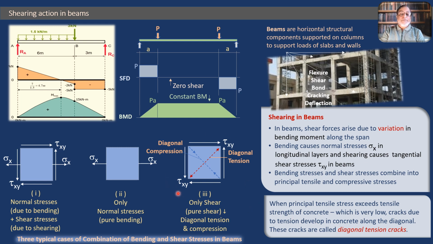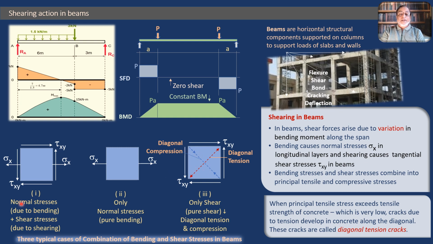Here we find that due to shearing stresses, we get the diagonal tension and diagonal compression. Here we are considering the element which is in pure shear, that means the bending moment is not acting, right? So bending moment is zero and you are getting only pure shear. In that case, if concrete is sufficient enough to resist the stresses, then you can say that the beam is safe.